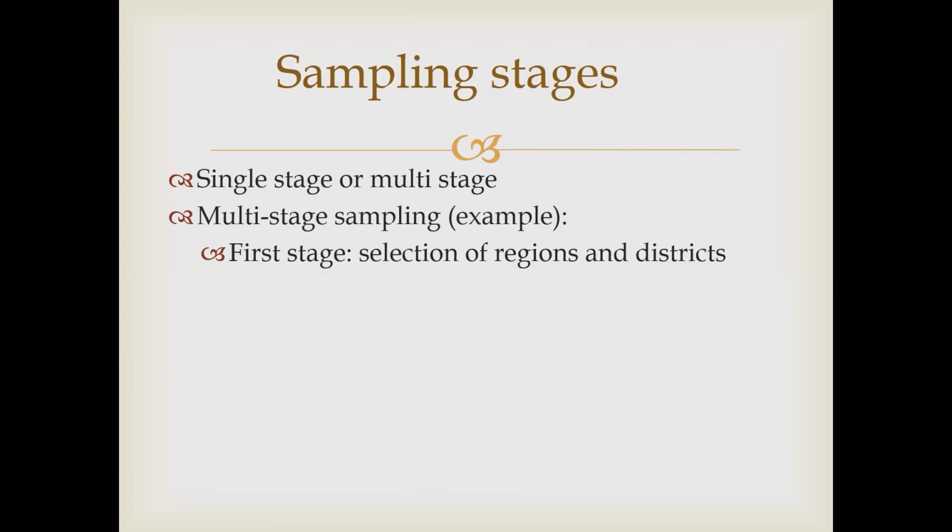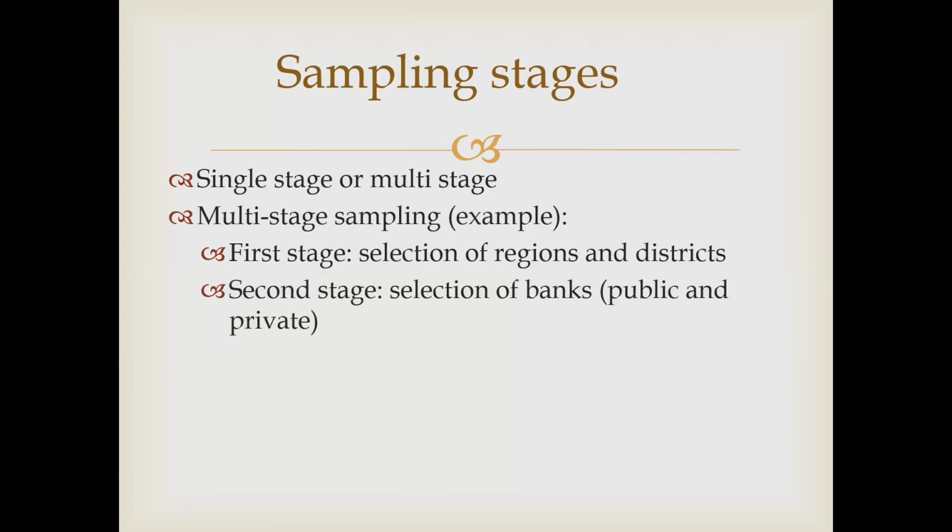Second stage, we have different banks. We have public sector banks and private sector banks. There are many public sector banks and many private sector banks. The population consists of all of them, but we are not going to study all the public sector banks and all the private sector banks.